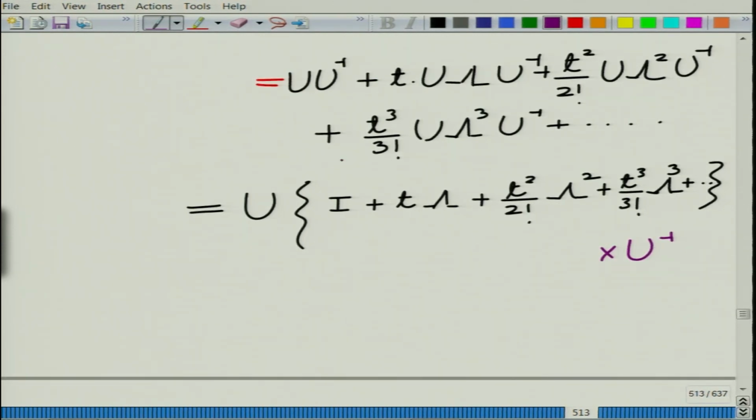And now if you look at this, you will notice something very interesting. This is nothing but e raised to the power of lambda t.